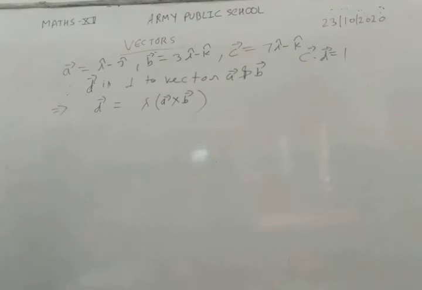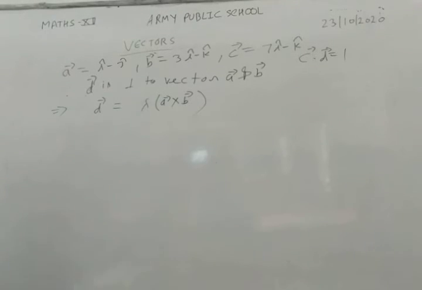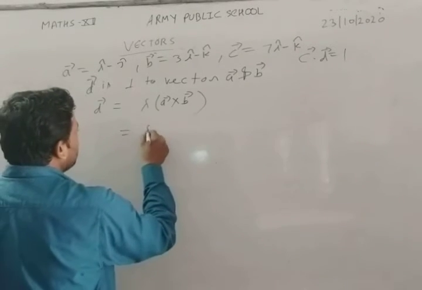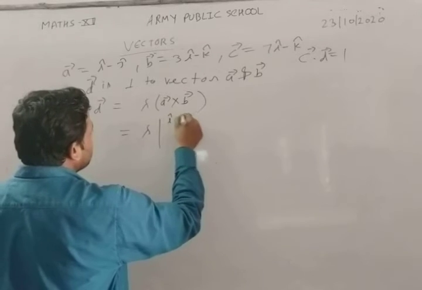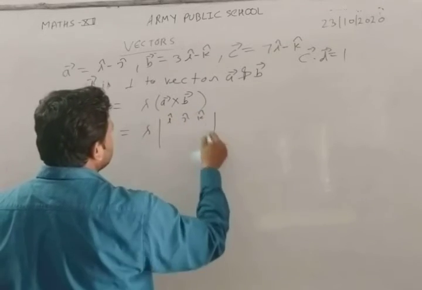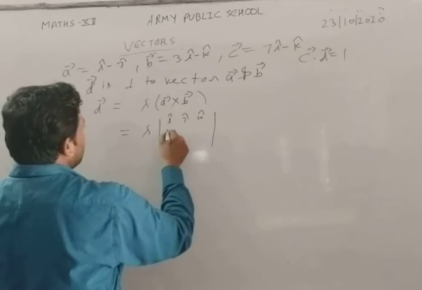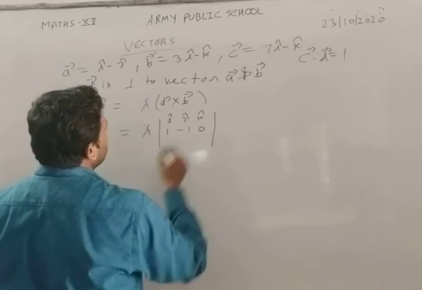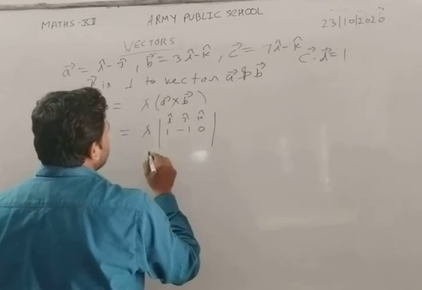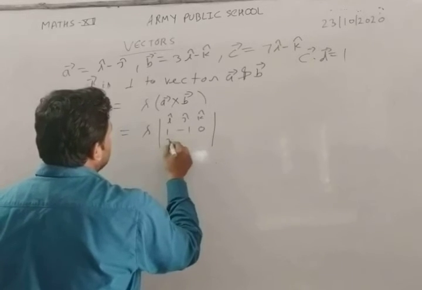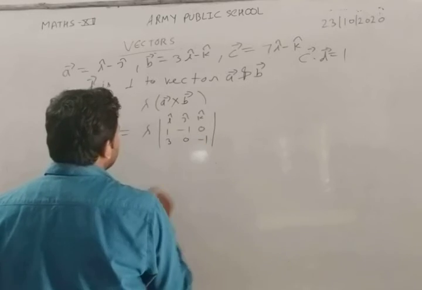Now find the value of A cross B. Now lambda, this is i, j and k, and our vector A is 1, -1, 0, and vector B is 3, 0, -1.